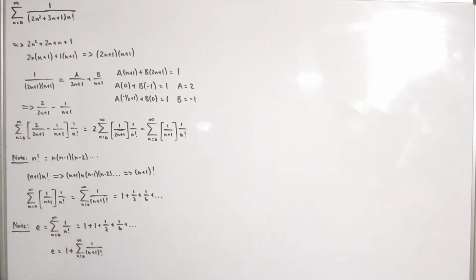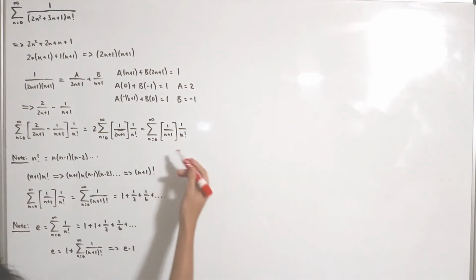Okay, and then I can just subtract the 1, so therefore this series is just equal to e minus 1. Okay. And that's not the final answer, but that's just our evaluated series for this one.